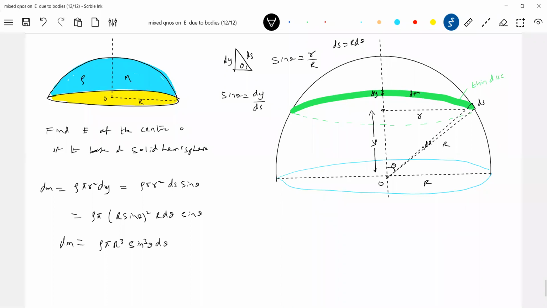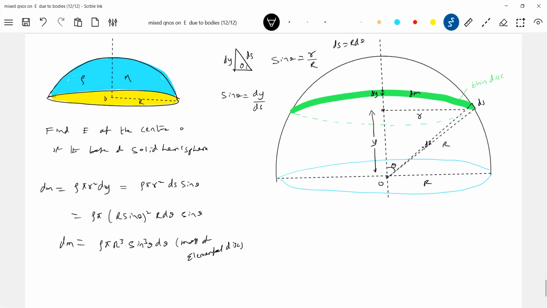Now I know the mass of the elemental disk. Now we'll calculate the field strength at point 2 due to this elemental disk. Okay, go back to the formula. What is the formula due to thin disk? Sigma by... anybody?